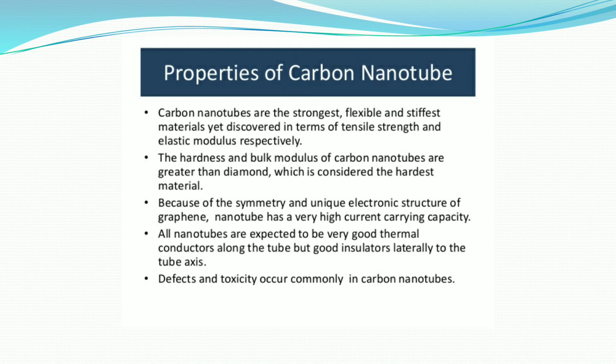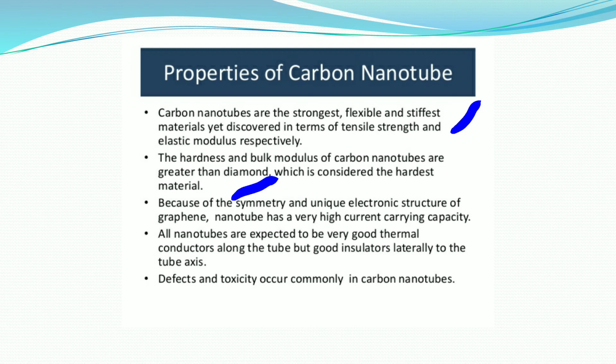Properties: carbon nanotubes are the strongest, most flexible and stiffest material. The hardness and the bulk modulus of a carbon nanotube are greater than diamond, which is considered the hardest material.